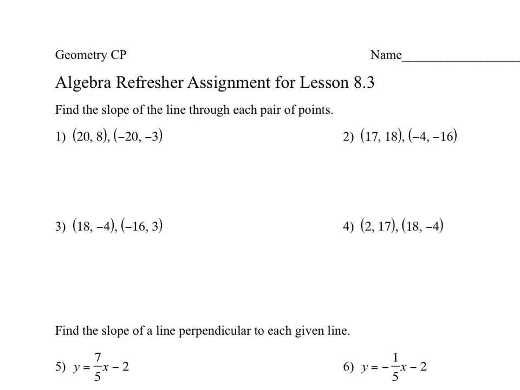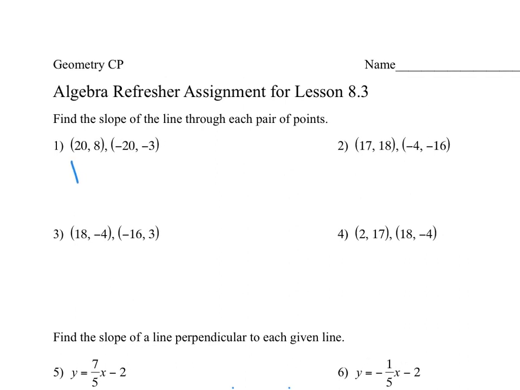First of all, the instructions are asking us to find the slope of the line through each pair of points. So I'll just remind you, remember that we are calling each pair of points an xy pair. So here's x, y, and x, y.